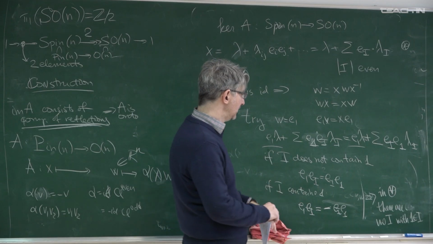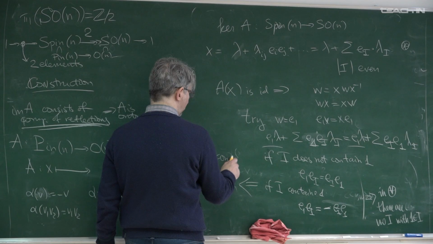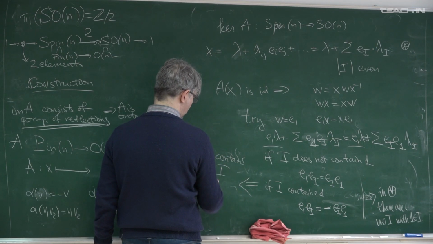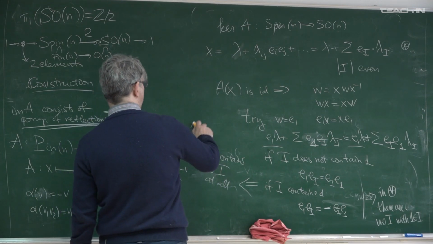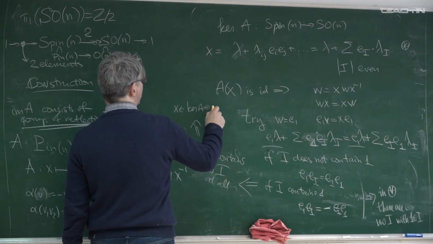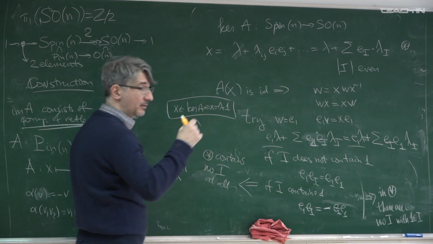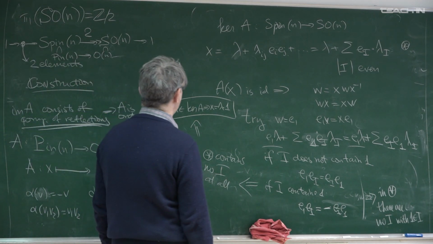So it means the sum contains no I at all. What is left? X belongs to the kernel of A means that x is just lambda times 1. It's just a number, not an element of the Clifford algebra written in a very complicated way. Just a number.